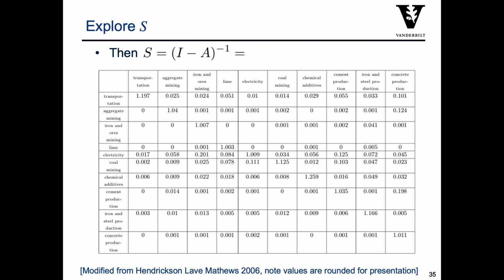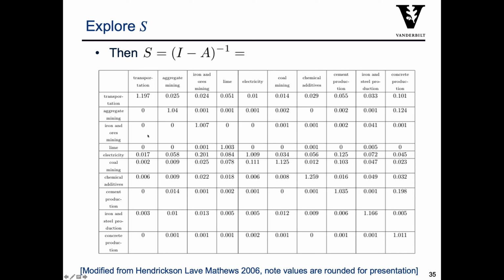Well, then the equation would be X equals S times the final demand vector, which is a bunch of 1s. It will tell you the total output X from $1 of spending in each of those sectors. Do you end up seeing a lot of activity in the transportation sector? Or do you see most of that activity go to the iron and ores mining sector?